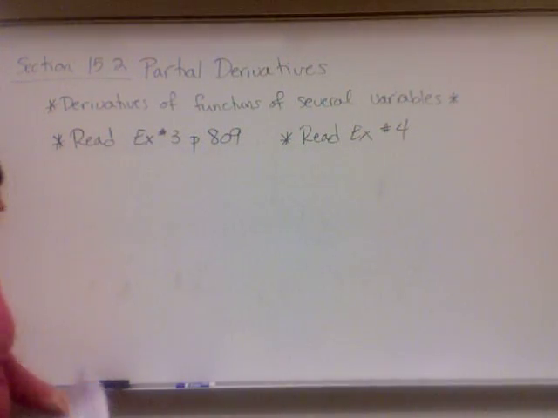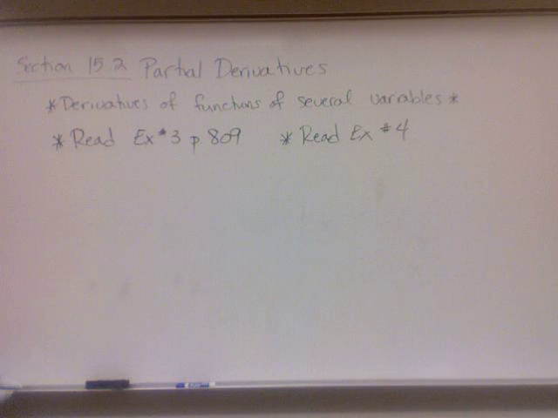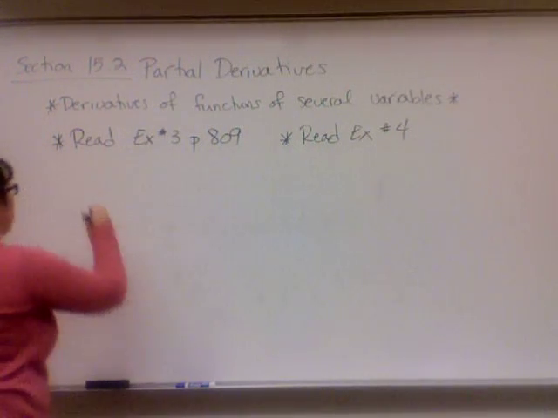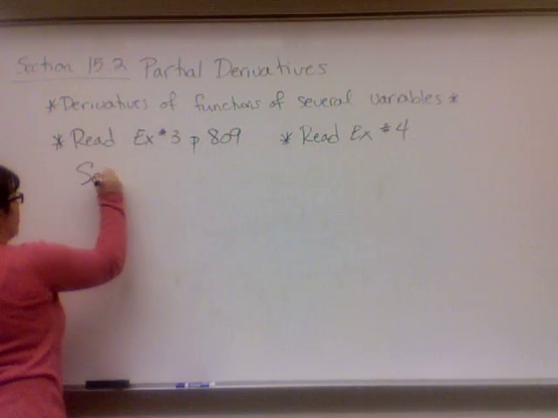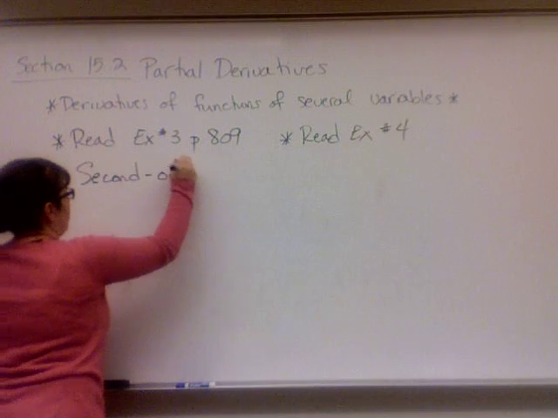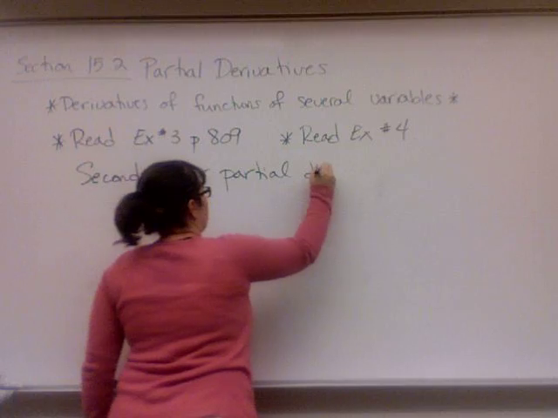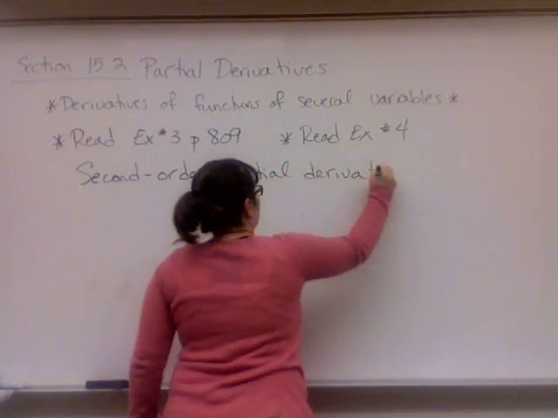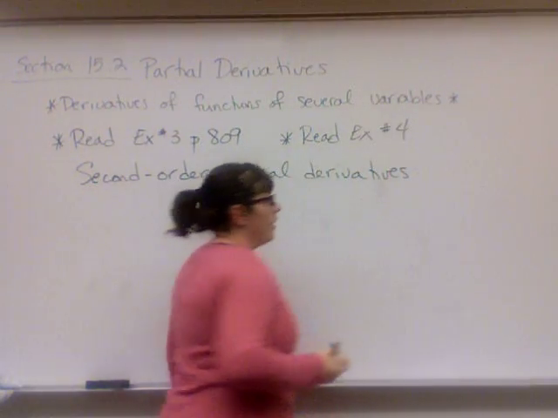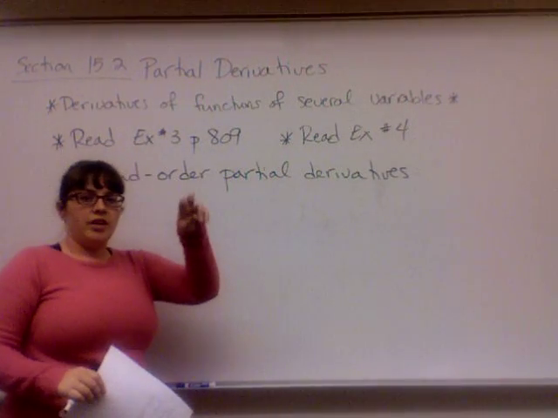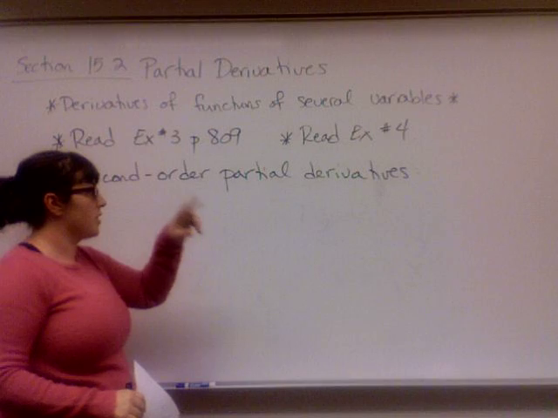But the last thing we wanted to talk about in our video is the fact that not only do we have first derivatives, but we actually have second derivatives as well, just like we do with functions of a single variable. So we have what are called second order partial derivatives. With functions of a single variable, remember, we just make use of that double tick notation to denote the second derivative, right?